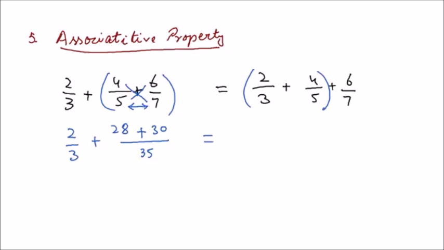In the same way on this side, again cross multiply, 5 2s are 10, 3 4s are 12, now multiply 3 with 5, 3 5s are 15.